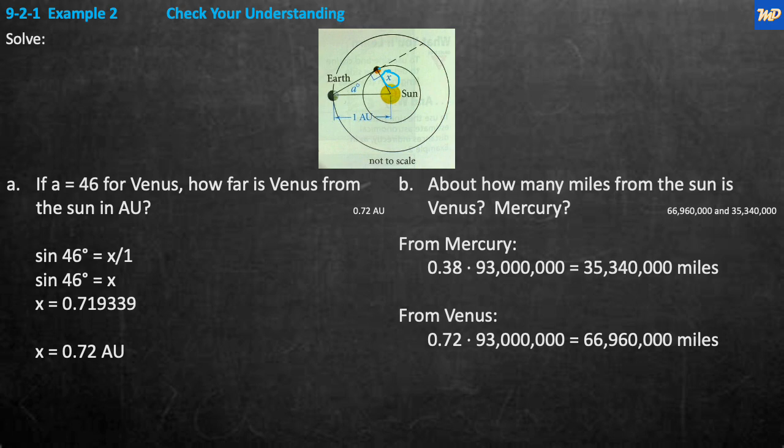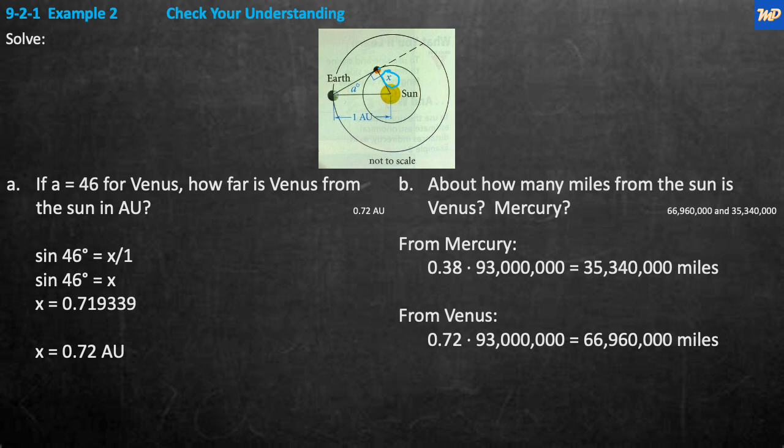And so how many miles is the sun from Venus and from Mercury? Well, I did Mercury first, so that was from the previous slide. We know that it was 0.38 AUs, and the distance for 1 AU is 93 million miles. So 0.38 times 93 million is 35,340,000 miles.